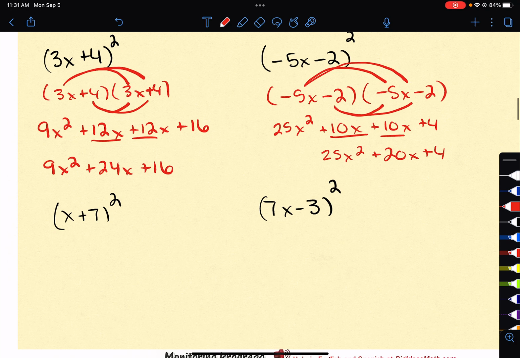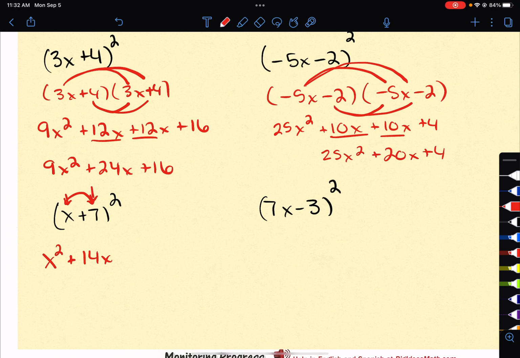So on these last ones, if you're starting to see the pattern, x plus 7 squared ends up being x squared. The first one gets squared. And then when you multiply these two together, that would be 7x, but that shows up twice. So that would be 14x, because there's two of those.